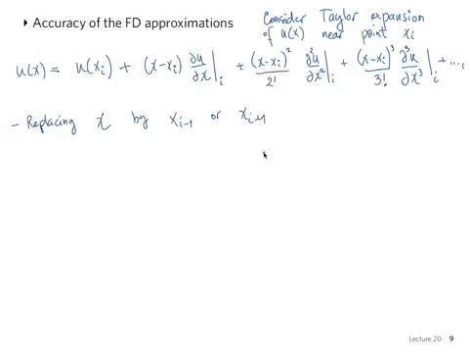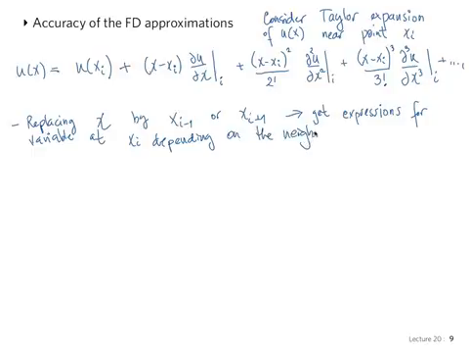So let's look first at x_{i+1}. We're going to get expressions for the variable at x_i depending on the neighbors, right? So we just use this equation for the Taylor expansion over and over again.